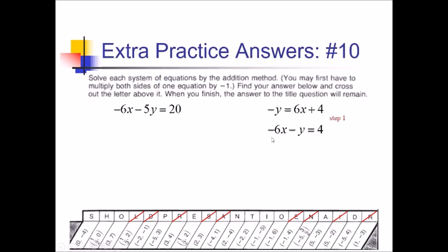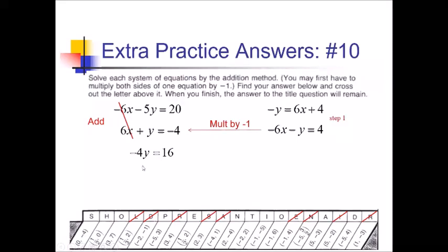So if I just multiply one of these equations, like this second one here, by negative 1, I can get something that'll cancel. So this will now be a positive 6x, positive y, and this will equal a negative 4. Adding those together, cancel out those 6x's. Negative 5y plus y is negative 4y, and then 20 plus negative 4 is a 16.